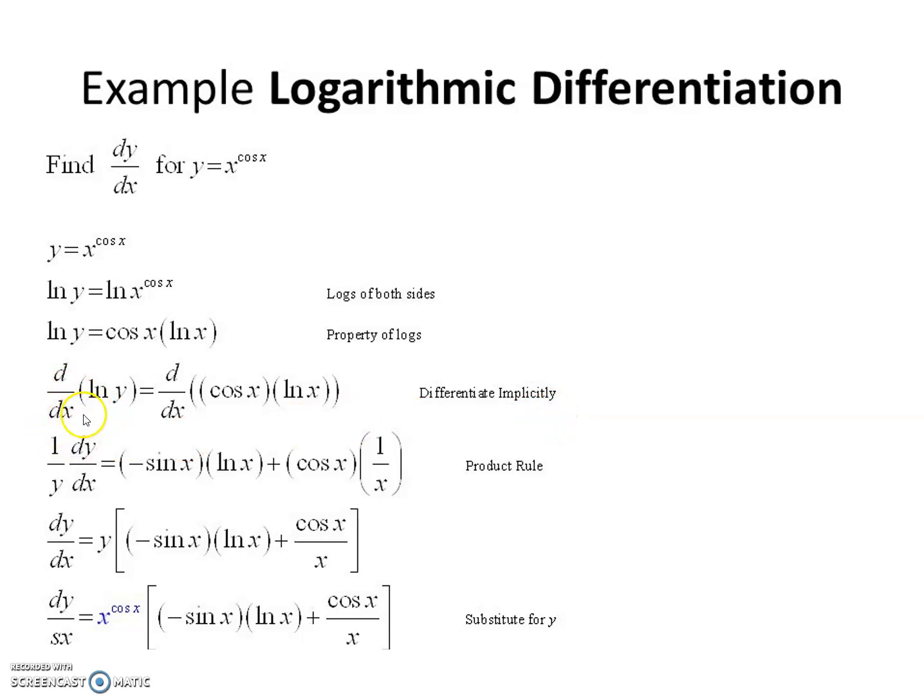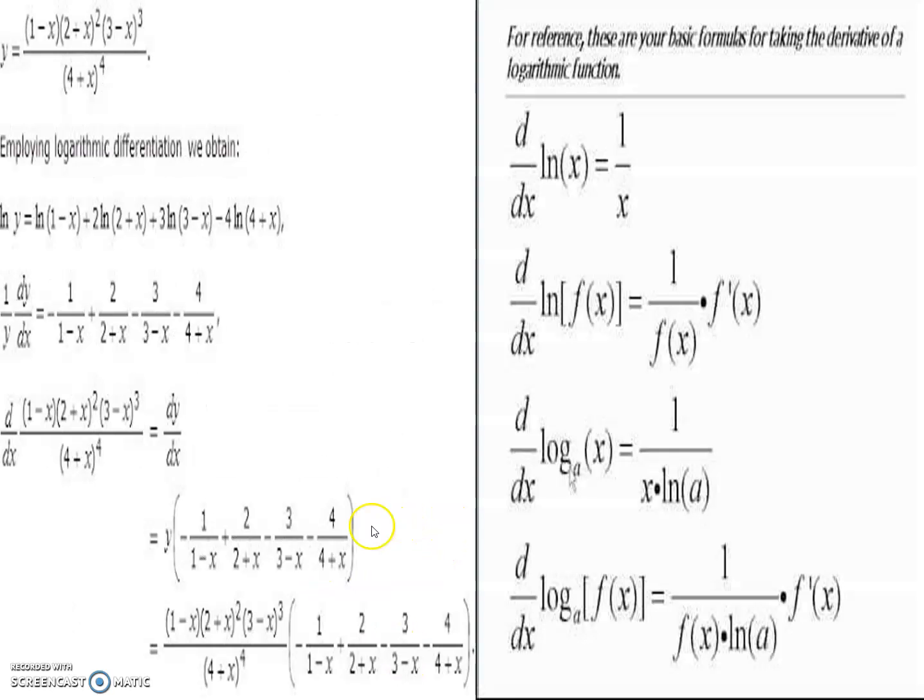Therefore, 1 upon y dy by dx is equal to the derivative of cos x into ln x: derivative of cos x is minus sin x, ln x remains the same, plus cos x, derivative of ln x is 1 upon x. Now dy by dx is equal to y, shifting this side, minus sin x into ln x plus cos x upon x. We have to resubstitute the value of y is equal to x raised to cos x in bracket minus sin x ln x plus cos x upon x.